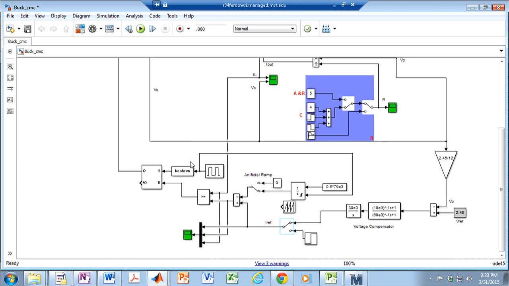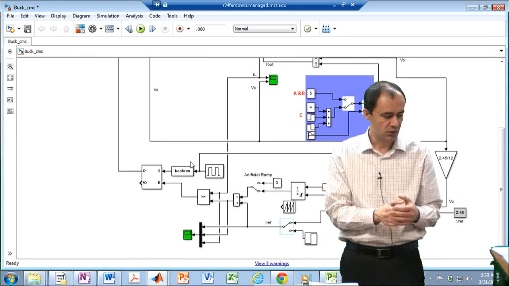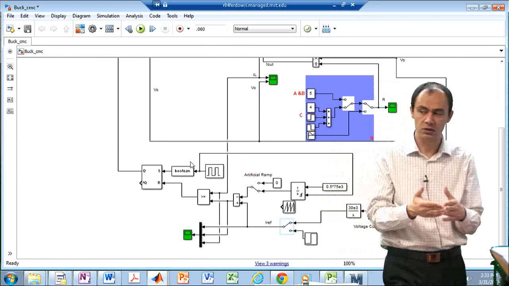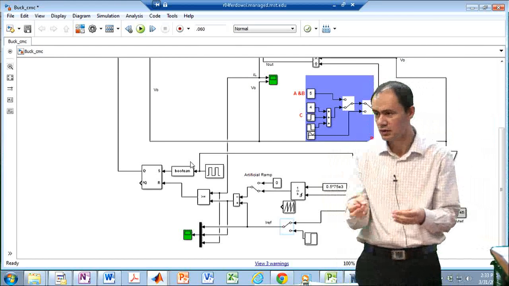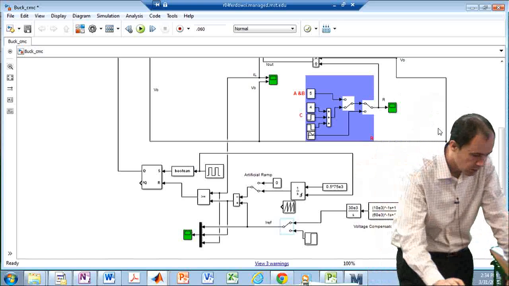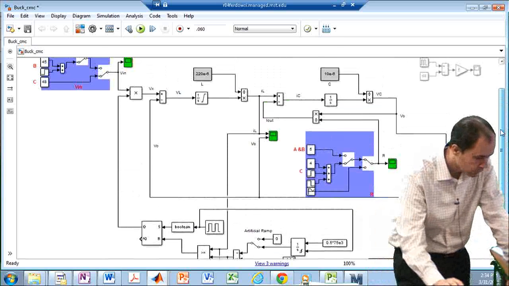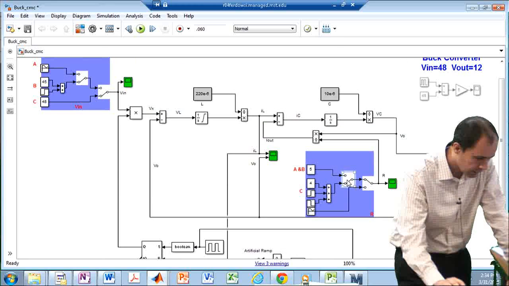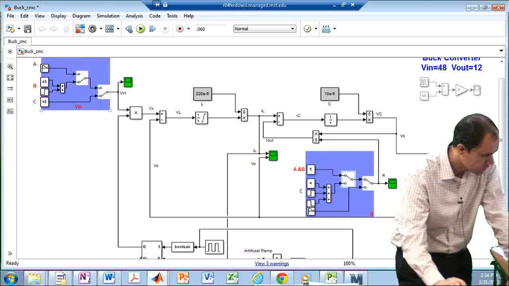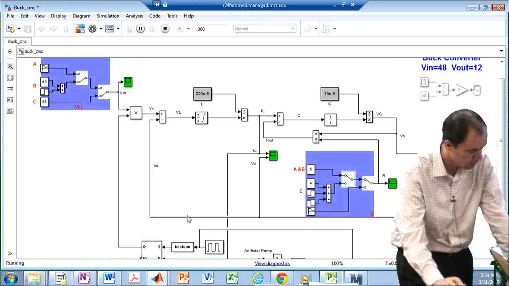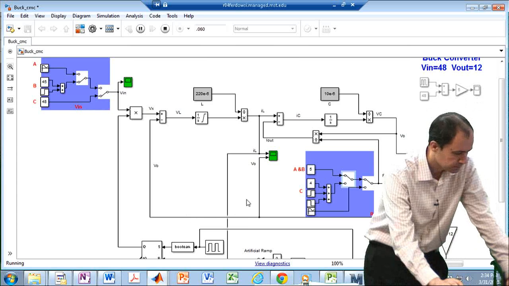And the rest is the logic behind current mode control that you have seen before. At the beginning of the cycle, you turn the switch on, therefore the inductor current rises. Then whenever the inductor current gets larger than the reference, you turn the switch off. Simple. All right, so we are going to look at the behavior of the system. First, make sure the system is stable, no changes in the system.